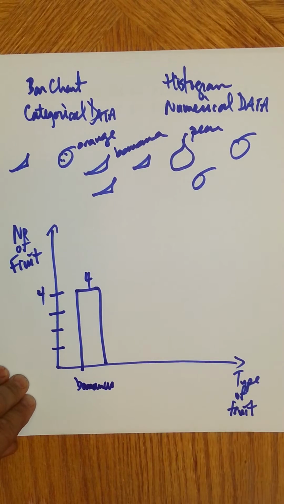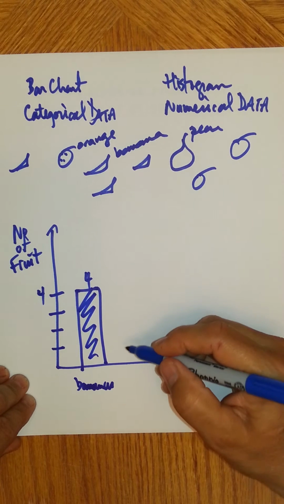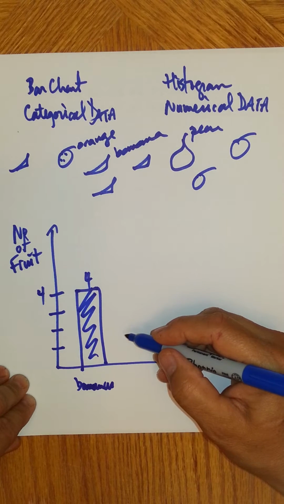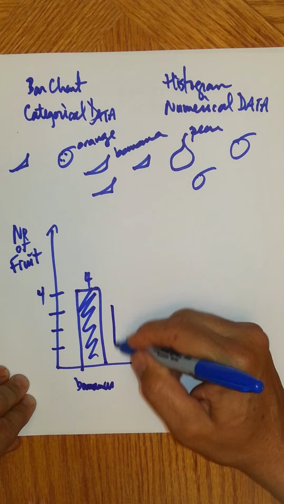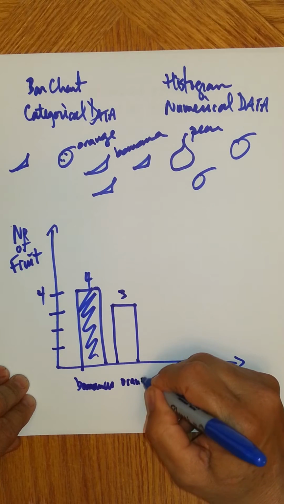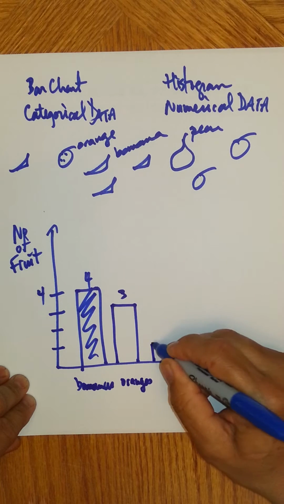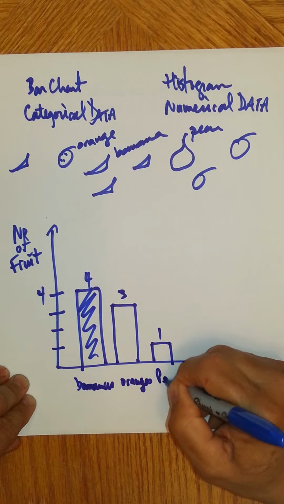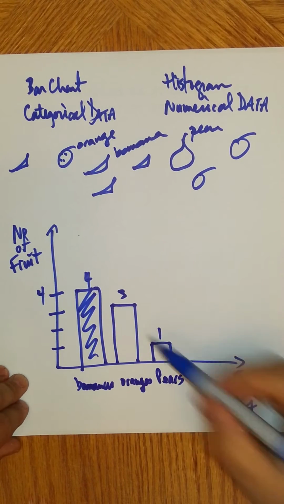And I let somebody know there's 4 in there, and I shade to make it a little easier for them to see. And then you might say oranges, of which there are 3 here. And then you'd say, oh, there's 1 pear. And that's your bar chart.